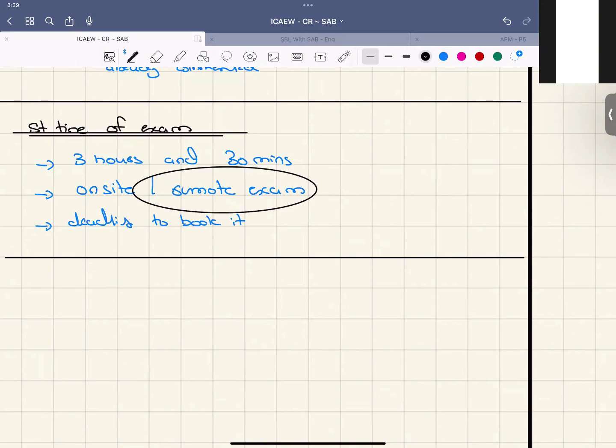Otherwise, let's have a conclusion to this class so that we can move on. The students attempting this class live can obviously send their questions in the chat box. One of the students has asked if I can guide them on when the advanced information is released for CR.